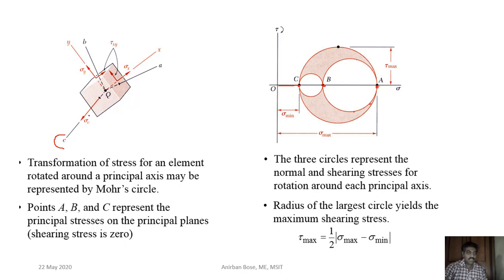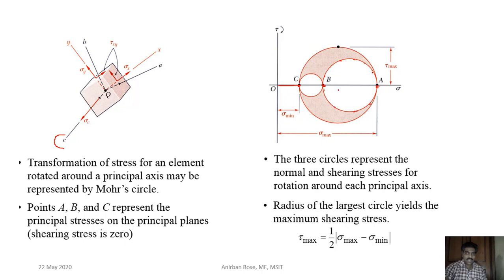Then with respect to C axis, if you rotate, you will find different orientations, and at different orientations normal and shear components will come in the AB plane, and these values of normal and shear components can be plotted on the circumference of this circle.